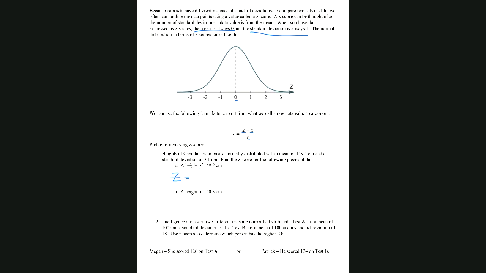So z equals 148.2 minus 159.5 divided by 7.1. So 148.2 minus 159.5 divided by 7.1.